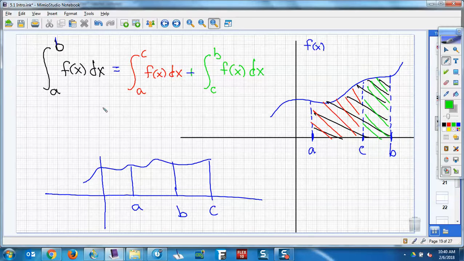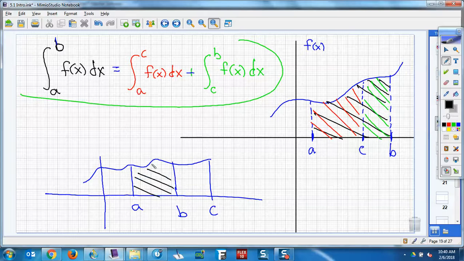Now, here's what is useful about it, and you'll see in some problems today, but the C doesn't even have to be in between the A and the B. Look at my bottom picture. This statement up here still holds true. Watch this. A to B is the black, so that's this area, right?